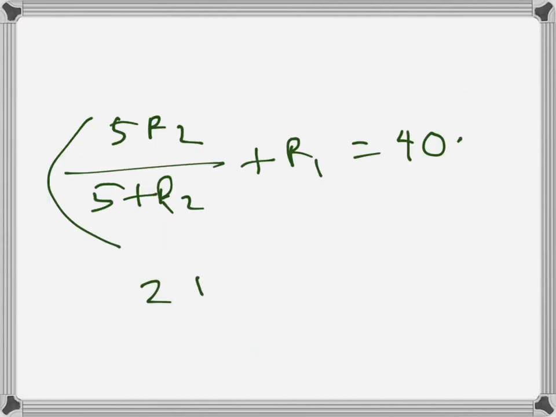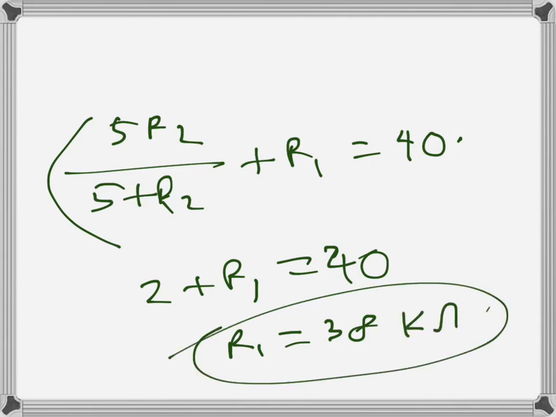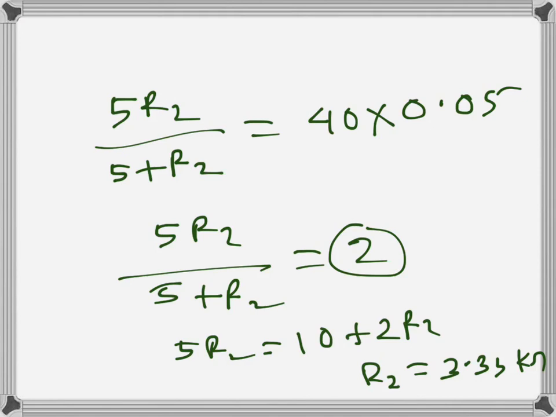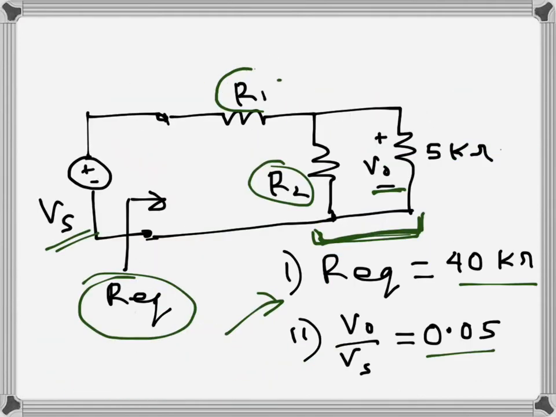So 2 plus R1 equals 40. So R1 equals 38 kilo ohms. So we get R1 as 38 kilo ohms and R2 3.33 kilo ohms. That will be the values here. So R1 equals 38 kilo ohms and R2 will be 3.33 kilo ohms.